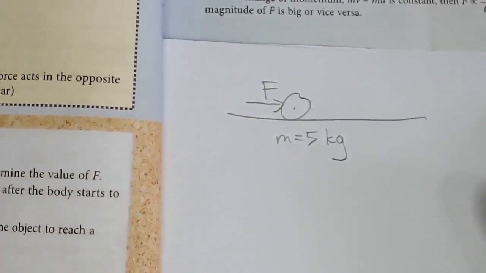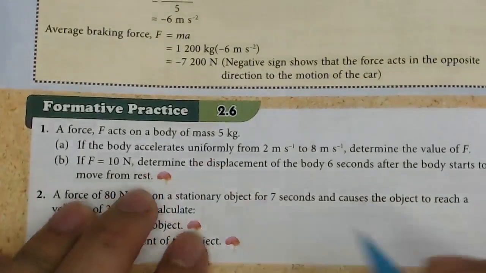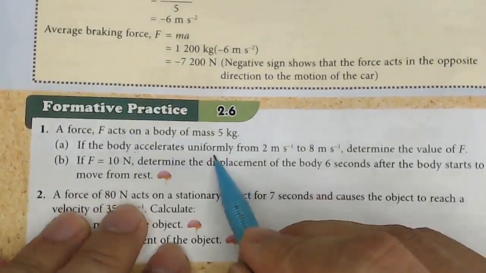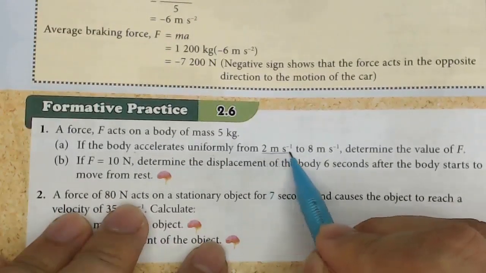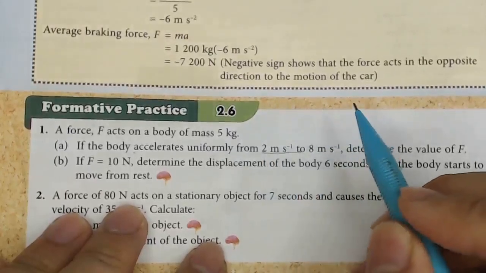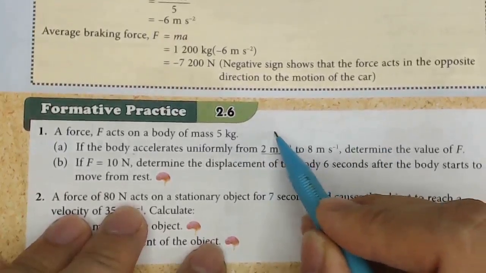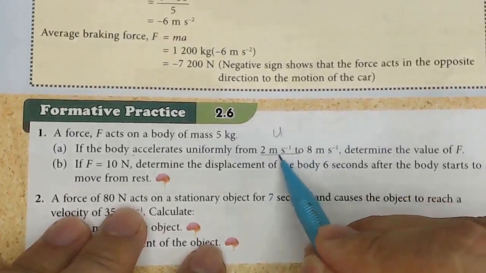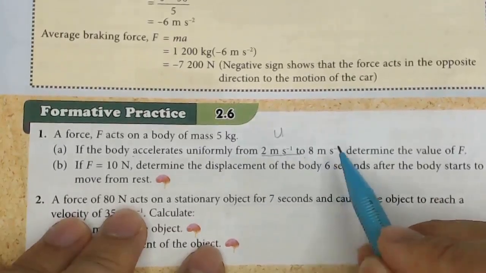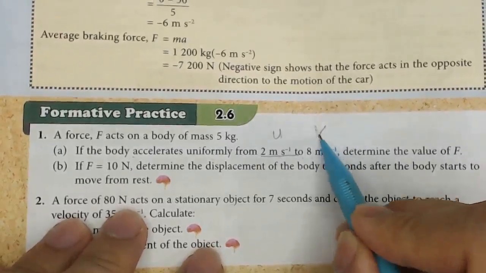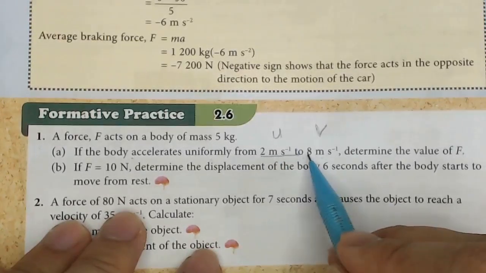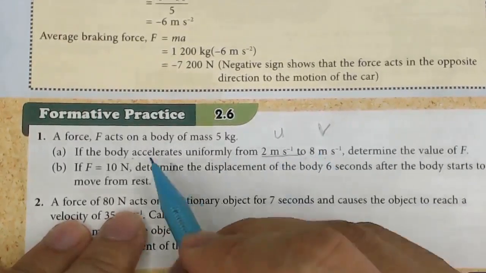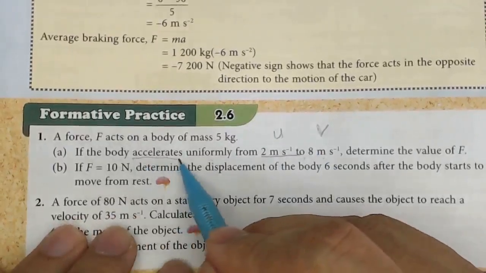A, if the body accelerates uniformly from 2 meter per second. Okay, this is u, the initial velocity, to this is v. So u to v, we see the speed is increasing, right? Another word for accelerate.